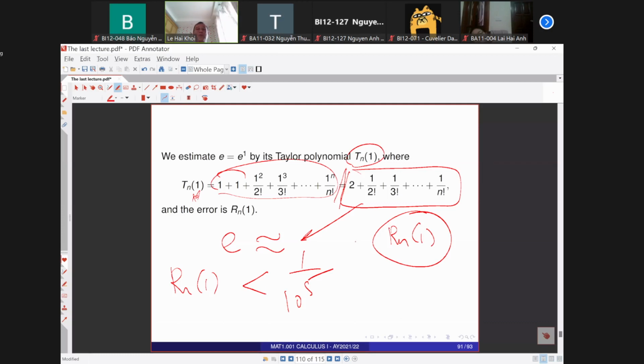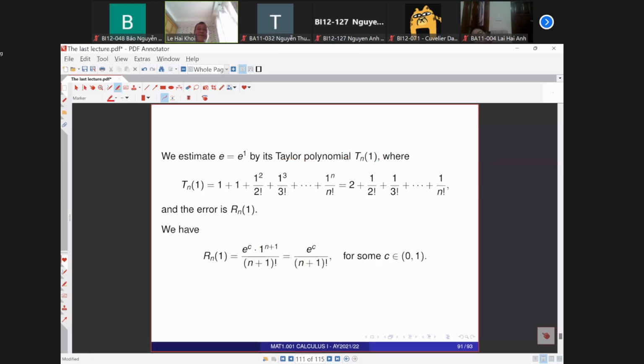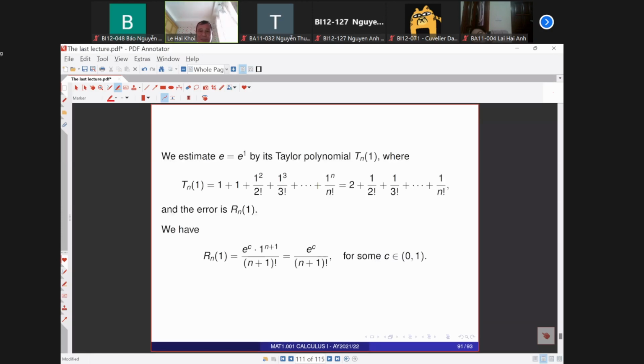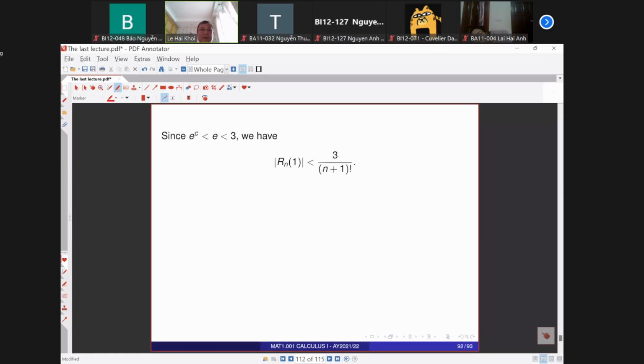We have to do. Here, see? Rn(1) here, x equal to 1. And we need, so we look at that. e^c bigger than... e to power c, because c less than 1, e less than 3. Then you have, see, that one less than 3.